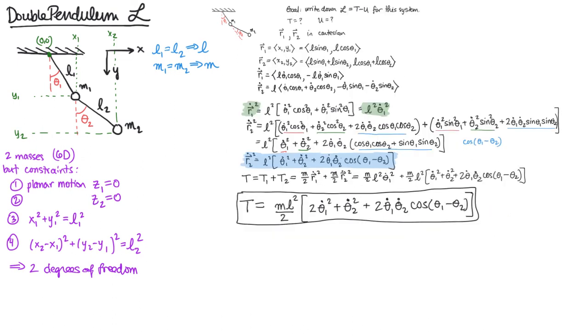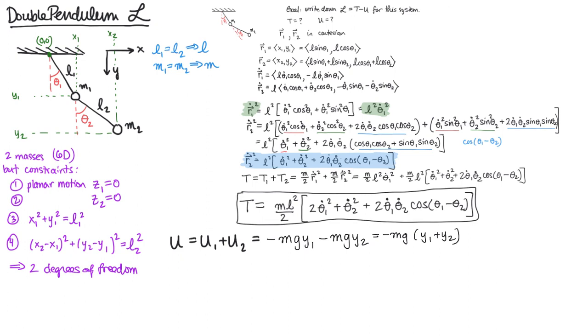So all that's left now is to write down the potential energy, which is the sum of the potentials of masses 1 and 2, and that we can express as minus m g y1 and minus m g y2. Again, as y increases, you're going down. Going down means less potential, which is why it's minus m g y. So we can write that as minus m g times the sum of y1 and y2.